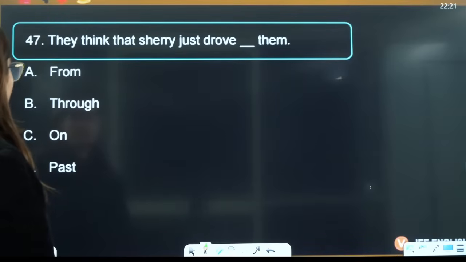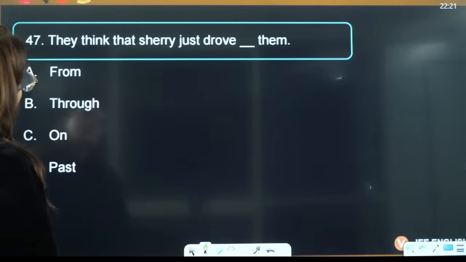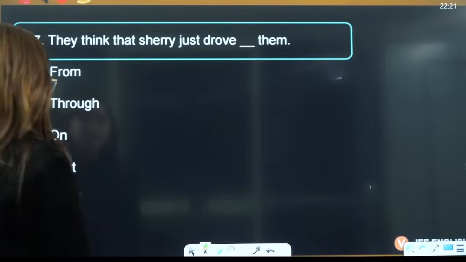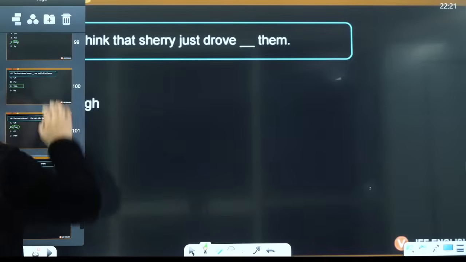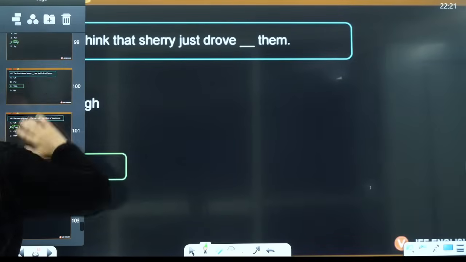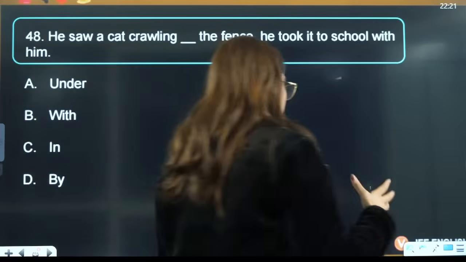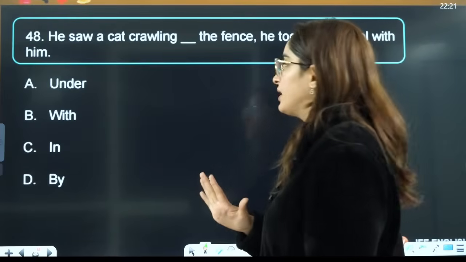Sherry just drove on them, past them. This has actually some other meaning, right? It's not like Sherry just drove off them, on them. Past them will make it a different sentence only. So if we are saying past them, then we can't include it in the prepositions part. So I'll just delete it, right? Because then that will actually change the sense, as past is not a preposition now. So that will change the sense of the sentence only, right?